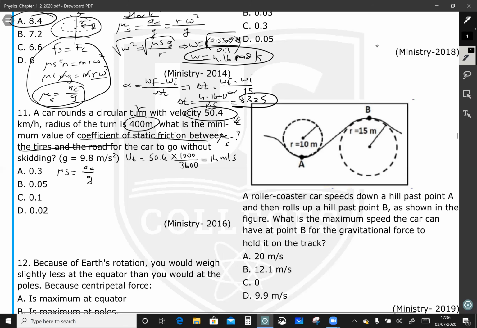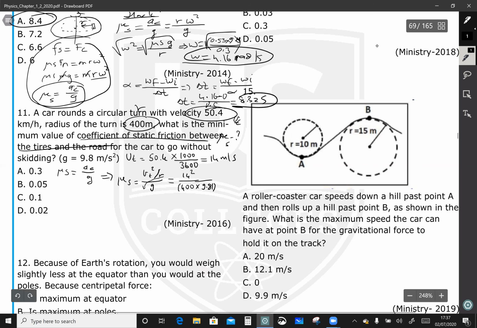Now we are ready to get mu s. Mu s is equal to AC divided by G, and according to tangential speed, AC is Vt squared over R. So insert Vt, which is 14, squared, divided by R times G. R is 400 meters, multiplied by G, 9.81.